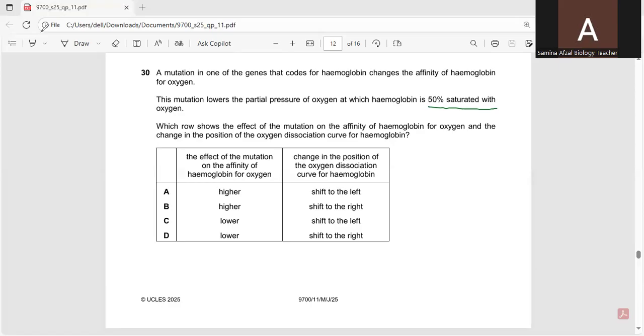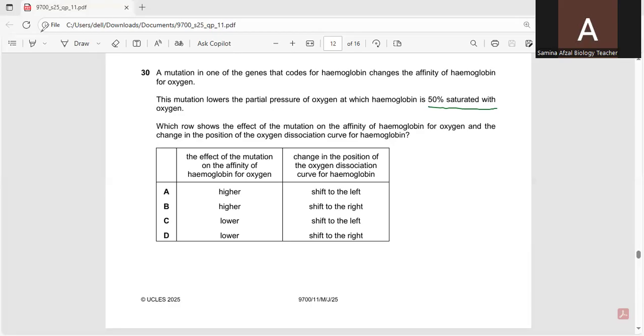This means hemoglobin is binding to oxygen more readily, at a lower oxygen concentration. So this directly indicates a higher affinity of hemoglobin for oxygen. Higher affinity means hemoglobin holds onto oxygen more tightly and requires a lower partial pressure of oxygen to reach a given saturation level.